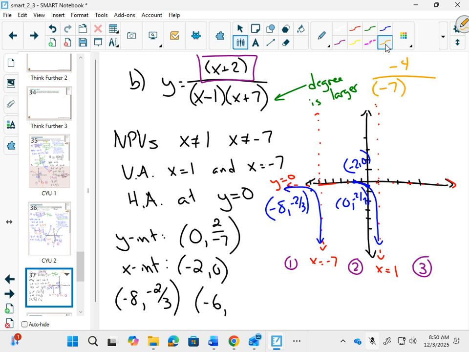And -6 plus 7 is +1. So I get the point -6 comma +4/7. And this tells me, oh, it had to go up towards that asymptote instead of down.